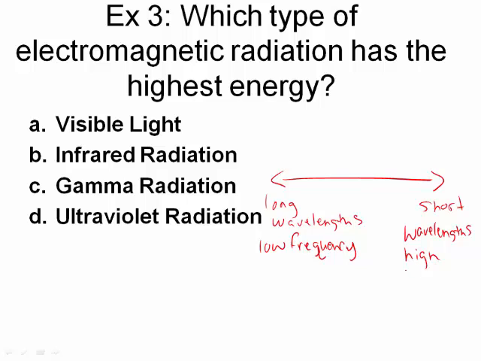And short wavelengths give us high frequencies. So the lower the frequency, the lower the energy. Fewer waves are passing that given point per second, so we're going to get low energy from those. High frequencies, we're going to get high energy. Those are going to be your high energy radiation.